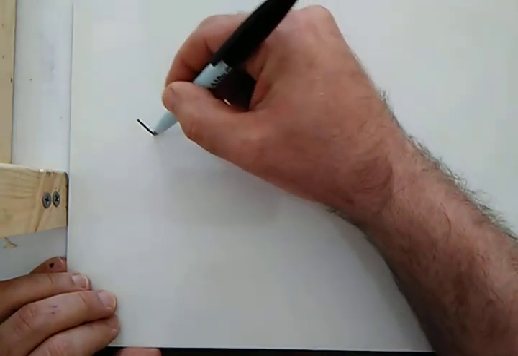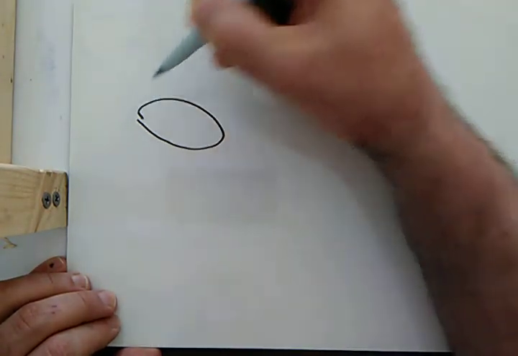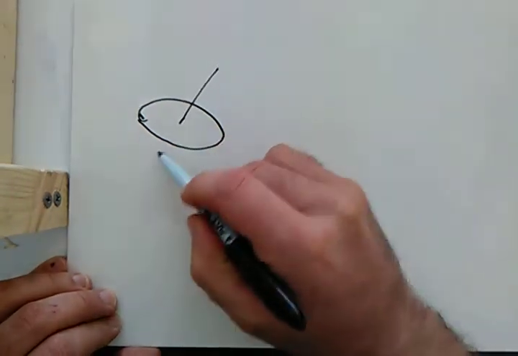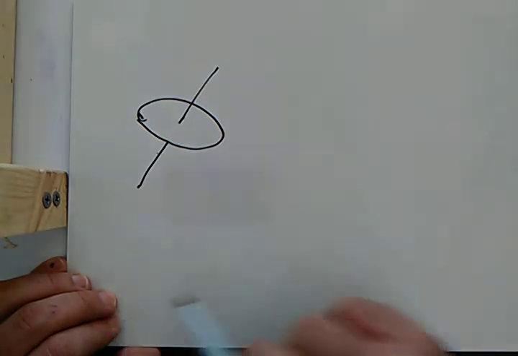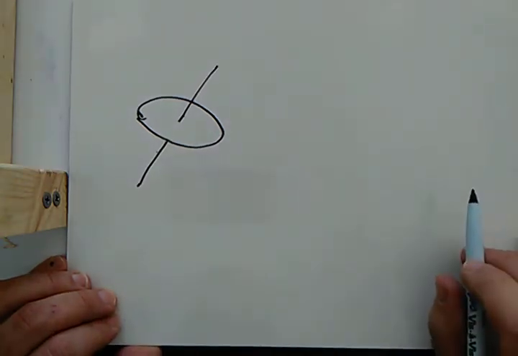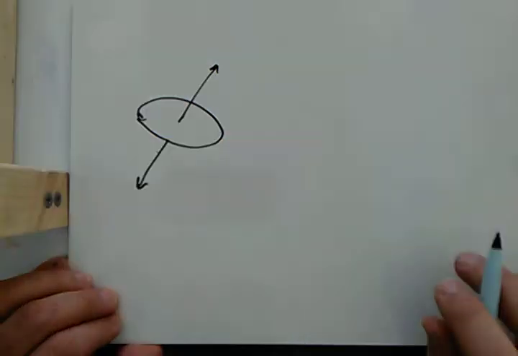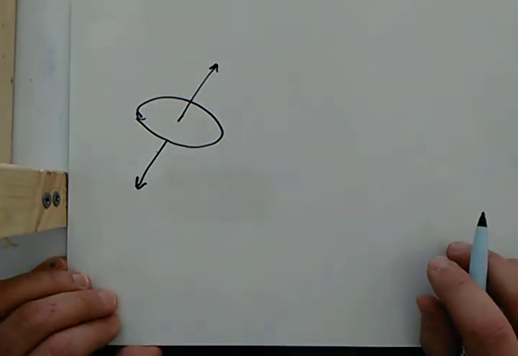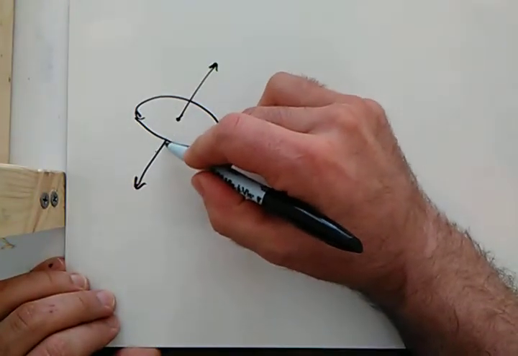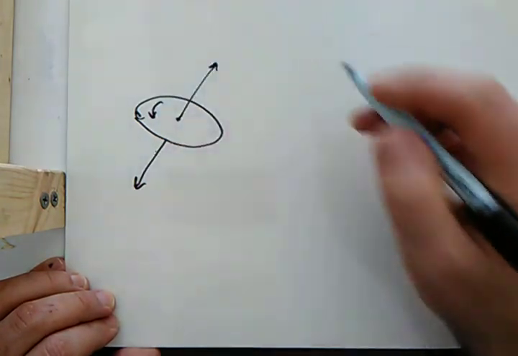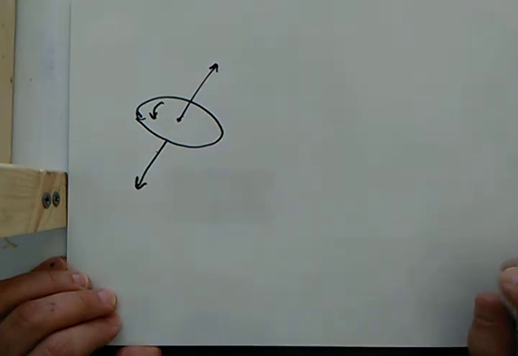You've got a picture here of an object that's circular, and this circular object has an axis running through it like this. Okay, and so this body, whatever this is, can be said to be rotating about this axis.